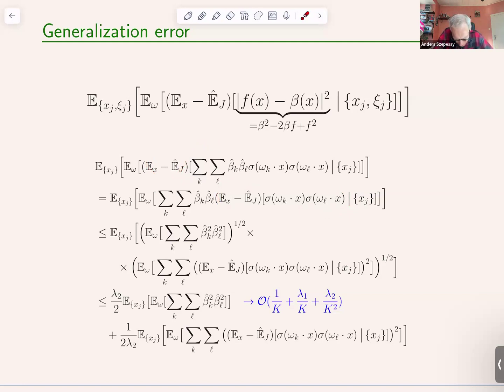And then the next step, as I mentioned, is Cauchy's inequality. So now we have a double sum here and an integral with respect to omega. And we do Cauchy's inequality with respect to that, and we obtain beta squared here and the sum. So this is the total integration, and then the square root of everything.